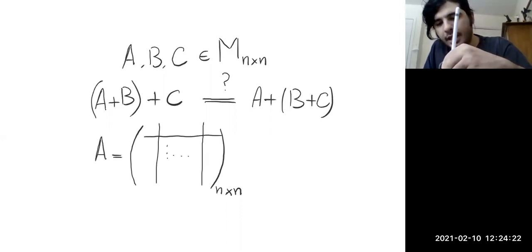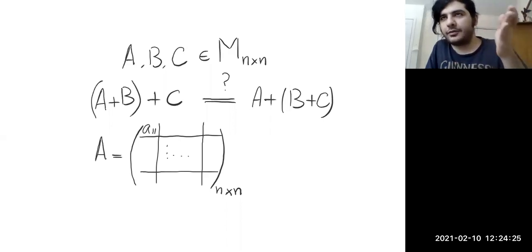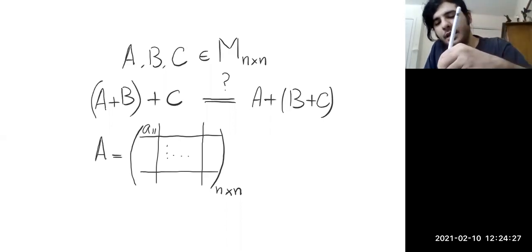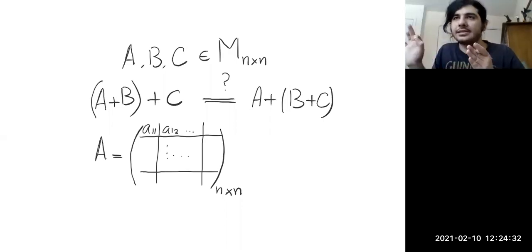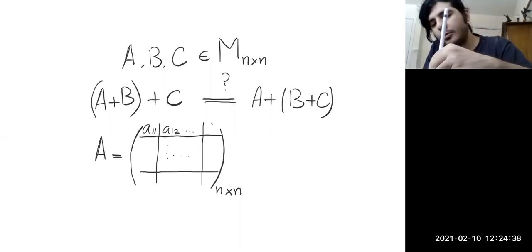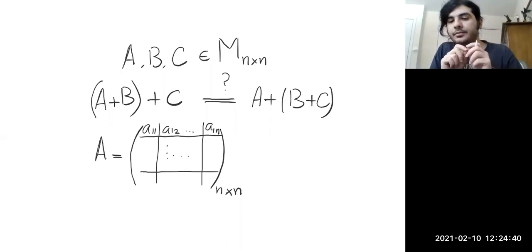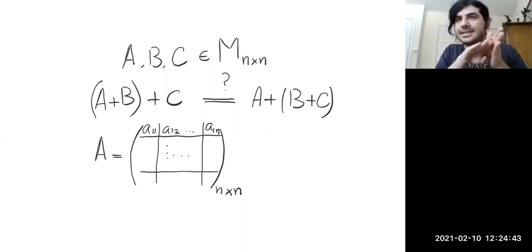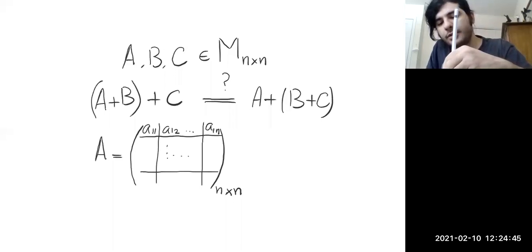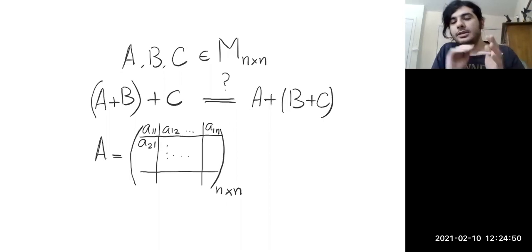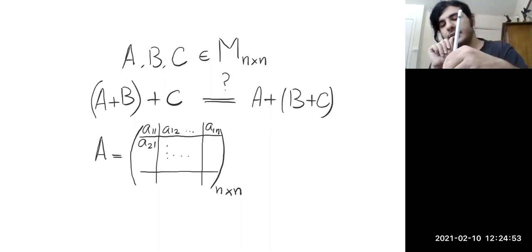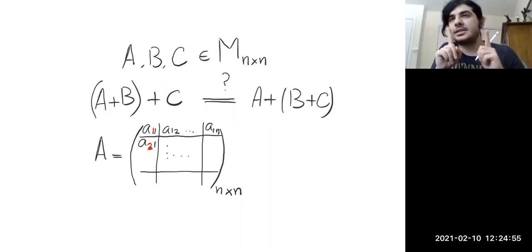So I would write down A11 for the first number in the first row, A12, etc. The last number in the first row, I would show with A1n. Now I would go to the second row. I would show the first number there with A21. The first index shows the number of the row.